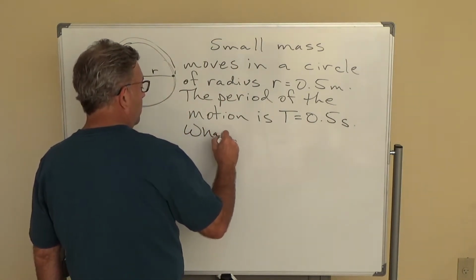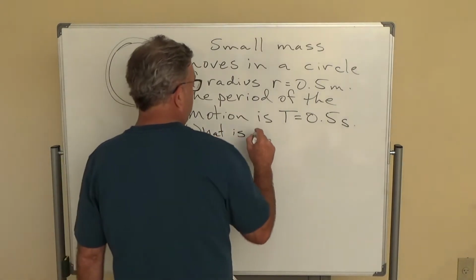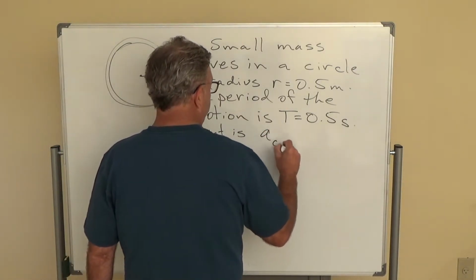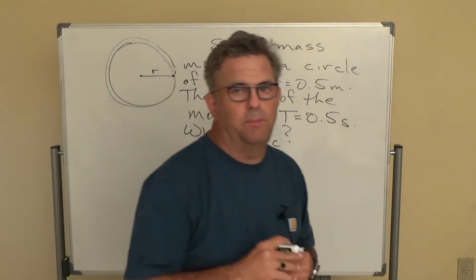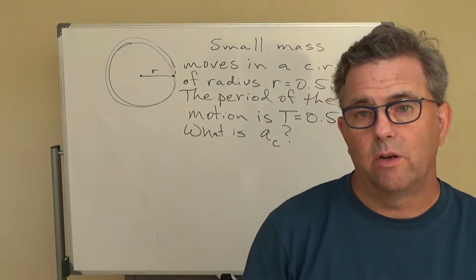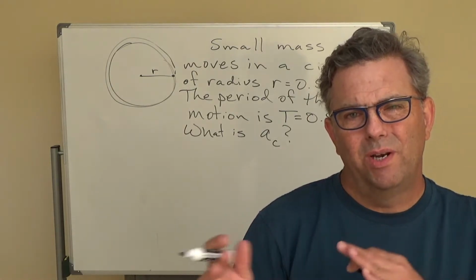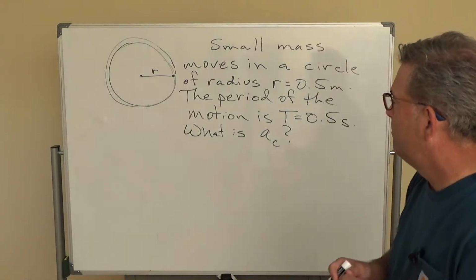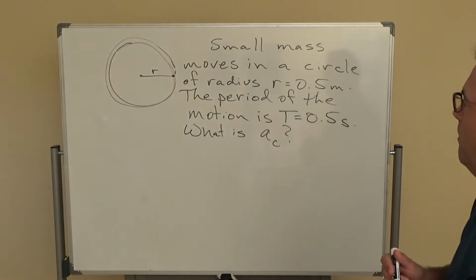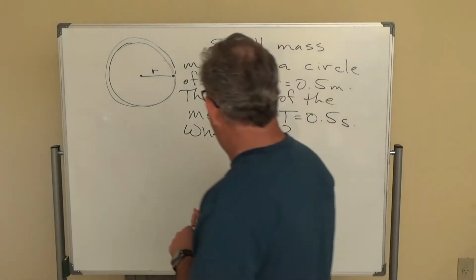What is the centripetal acceleration? Okay, this is dead simple. It's just plugging into that equation. You do have to do an intermediate calculation with the period to find v, but that's fairly trivial.